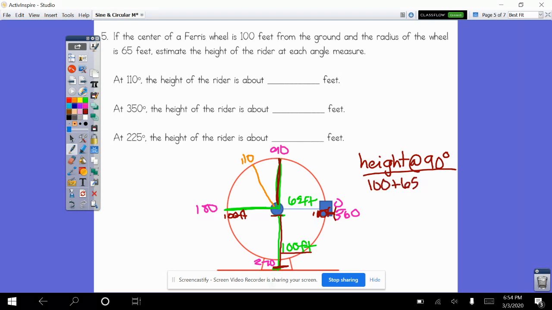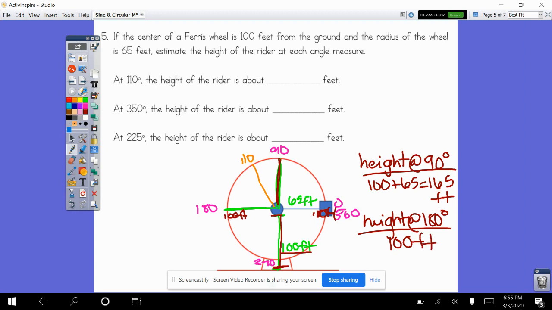In case you haven't noticed, to get the height at the highest point on the circle, you're always adding the height of the center to the radius. You're always adding those two numbers together. So the height is 165 feet. And then we already said the height at 180 is 100 feet.